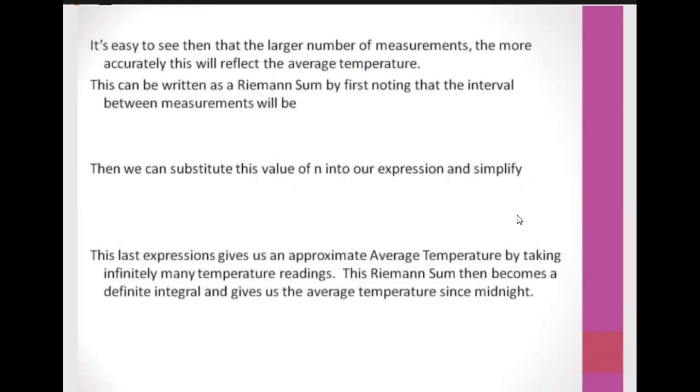So in calc, what we do is think of average temperature kind of like a Riemann sum. If you think about taking larger measurements, that's like making larger rectangles. That would make the delta t equal to 24 divided by n, or we can say that our n subintervals is equal to 24 over delta t.